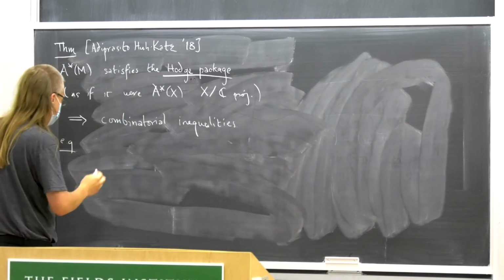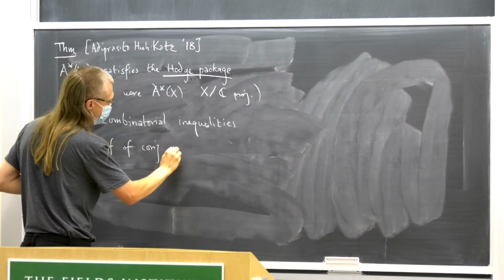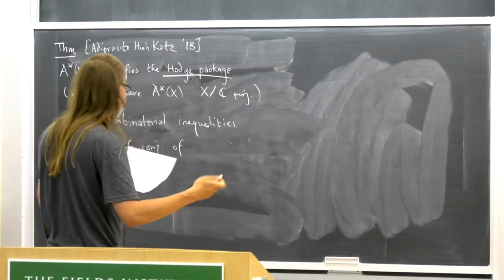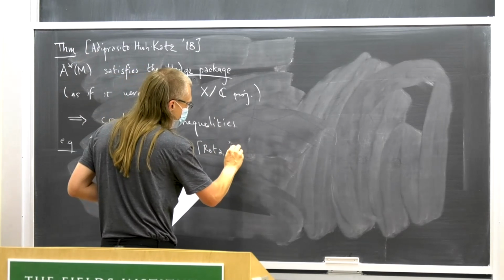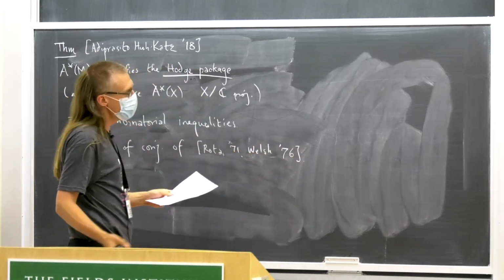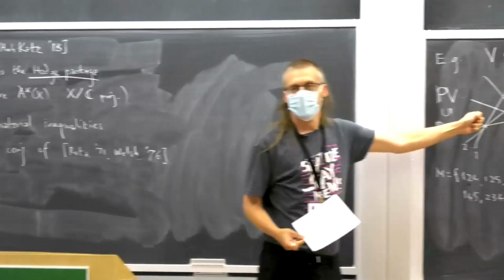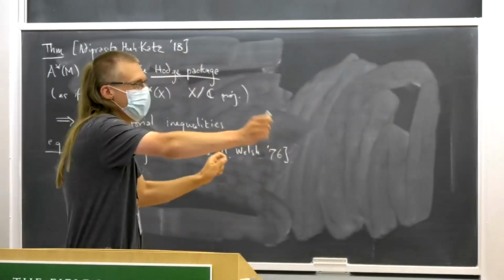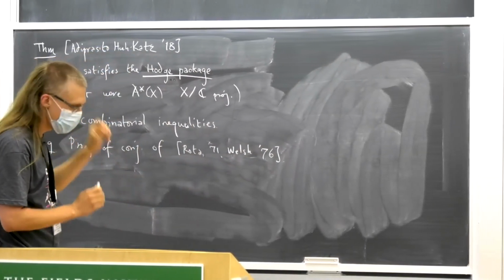For example, you get the proof of a conjecture due to Rota and Welsh and others in various settings about the log concavity of the characteristic polynomial, more or less the Poincaré polynomial of this thing over C. That was conjectured to be log concave. The logarithms of its coefficients made a concave sequence. This proved it.